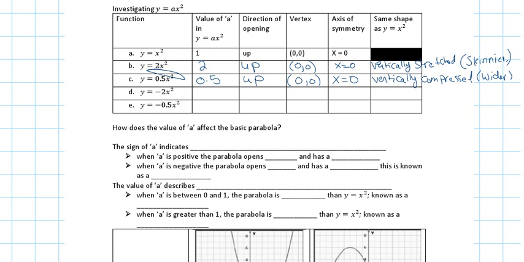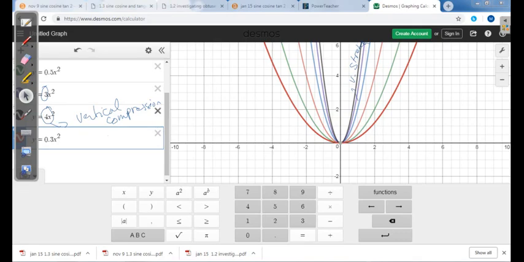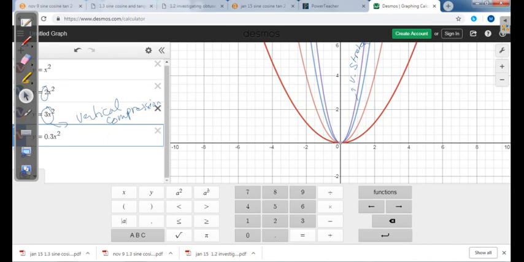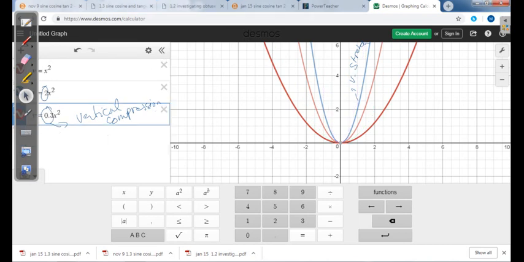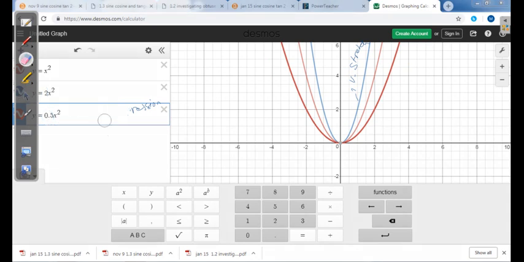Now, have you guys tried the negative 2x squared? So if I go back here, I'm just going to erase these ones. What happens once you put the negative right there? So y equals negative 2x squared. What did you notice?